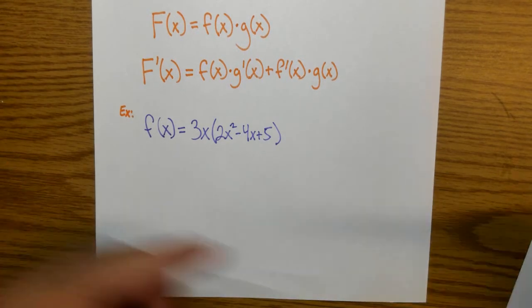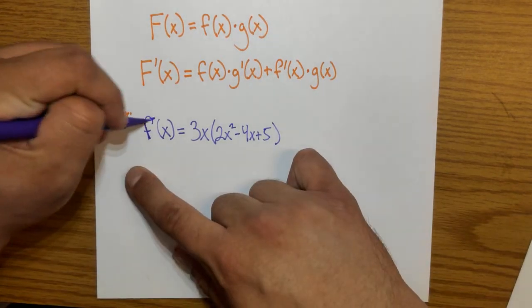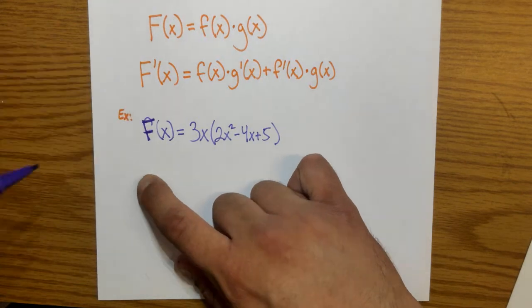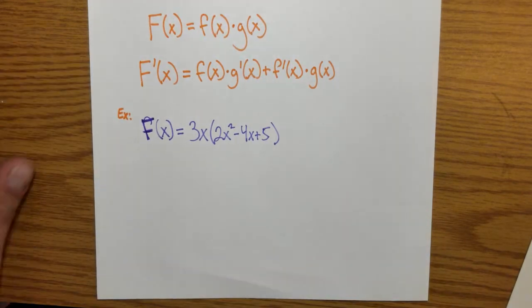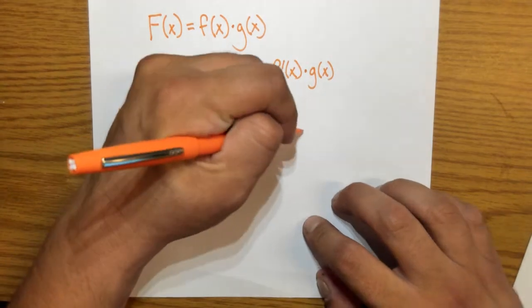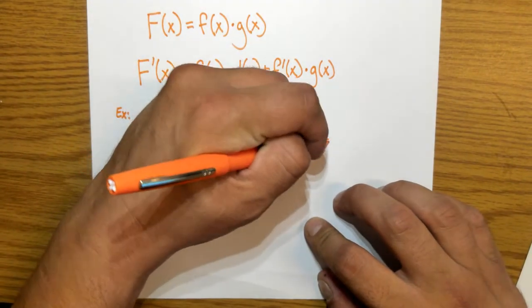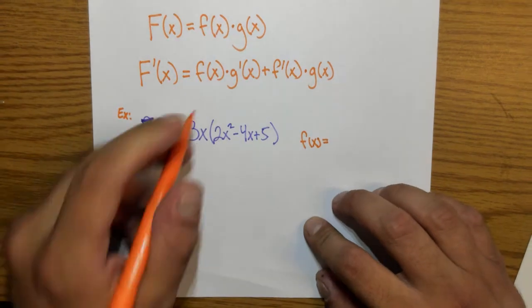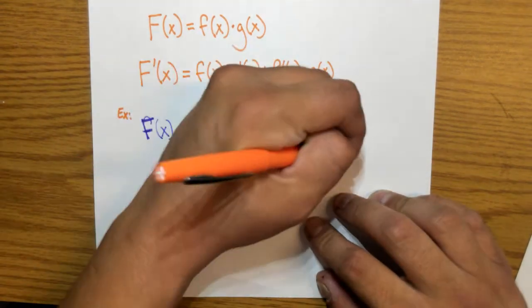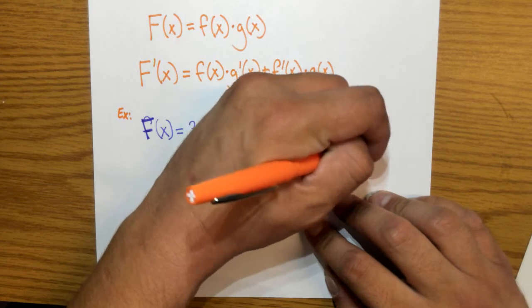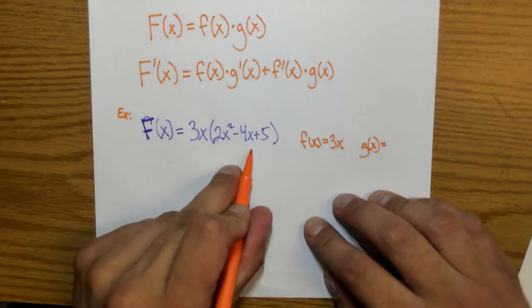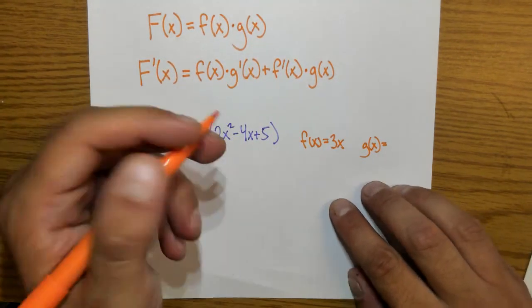Actually, I should have made this big F of x if I'm going to define a small f of x. Okay. So f of x is equal to, let's say, 3x. And g of x is equal to 2x squared minus 4x plus 5.